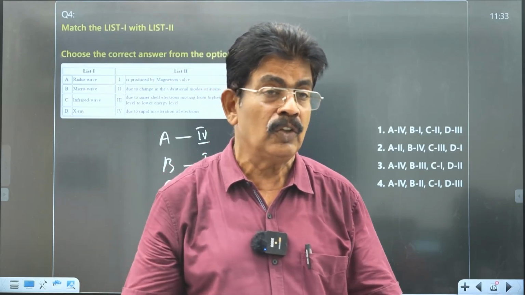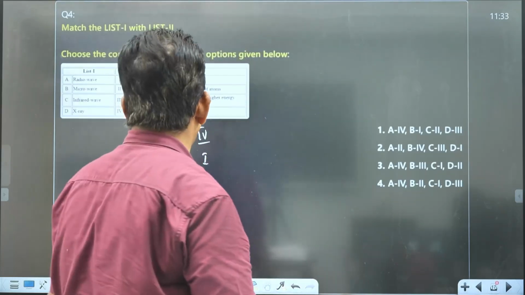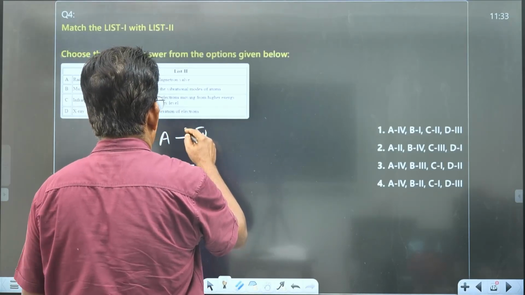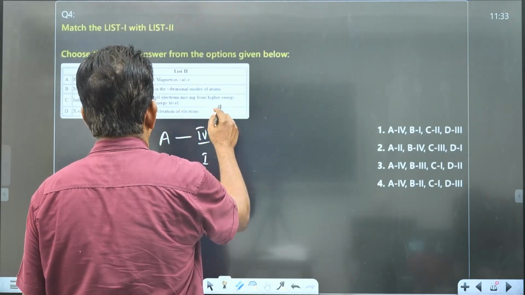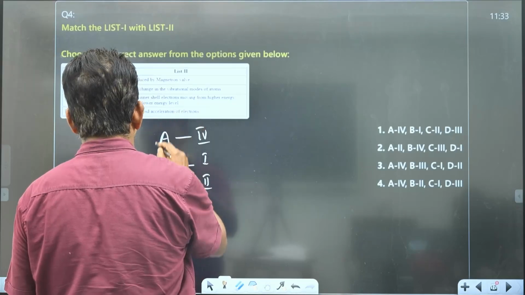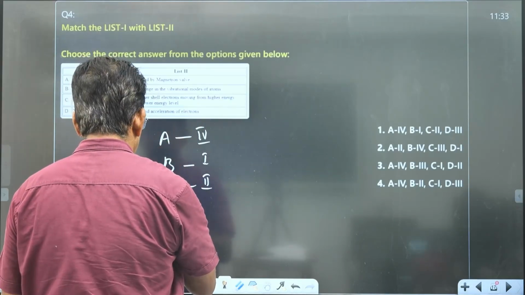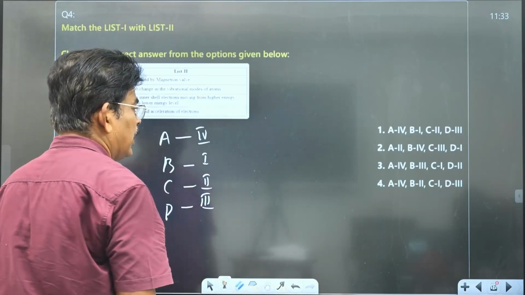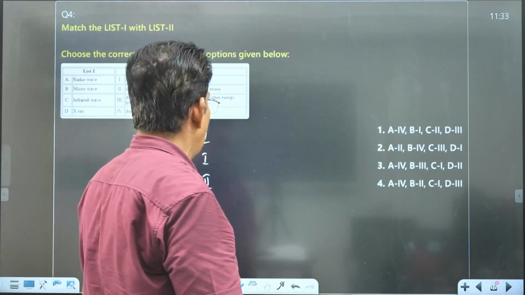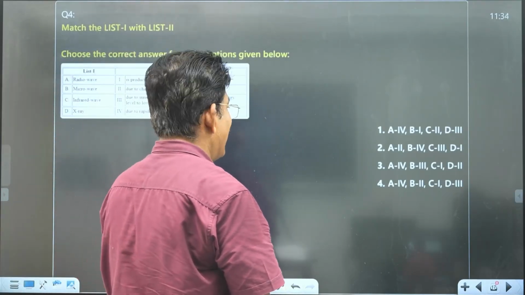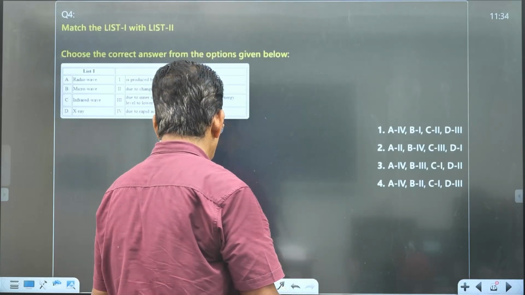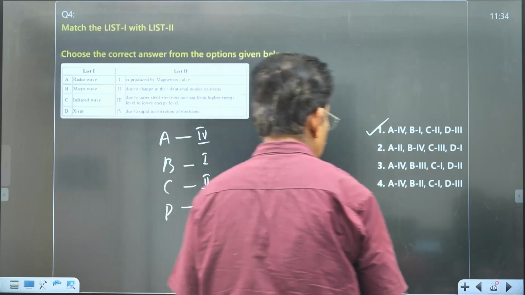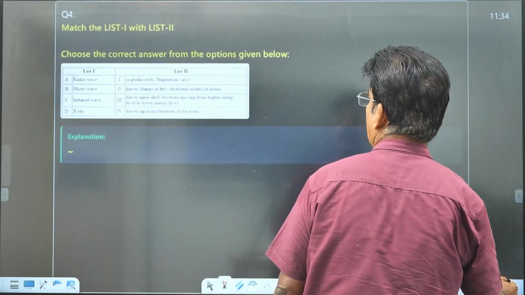So transition of electrons, from a higher energy level to a lower energy level. So we can find D matching with 3. Very direct question, directly picked from the NCERT theory book. A matching with 4, B matching with 1, C matching with 2, D matching with 3. Clearly the answer is 1. Explanation is also given.